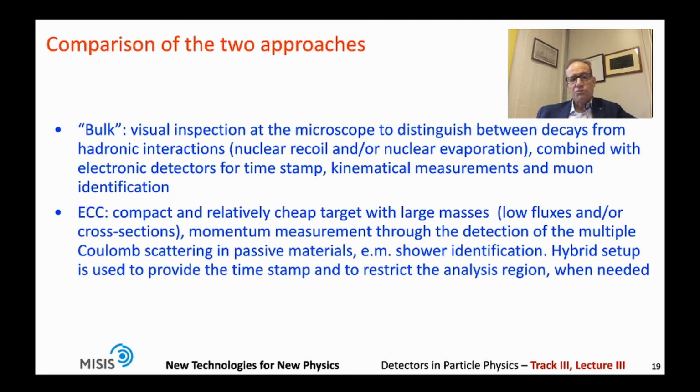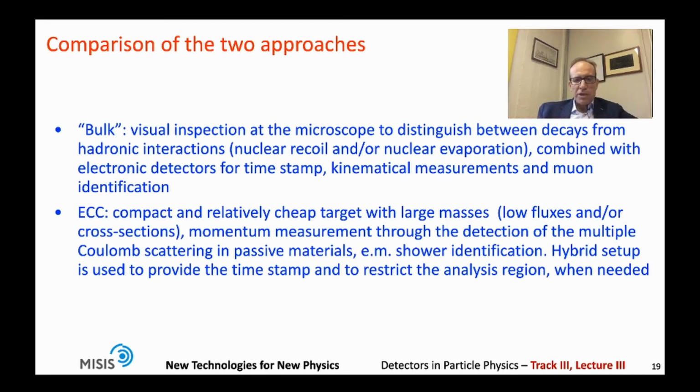The emulsion cloud chamber is more compact, and is a relatively cheap target because it can achieve large masses. It's not fully active, but given the large mass, it can compensate for low fluxes and low cross-sections, as is the case in neutrino physics, for instance.